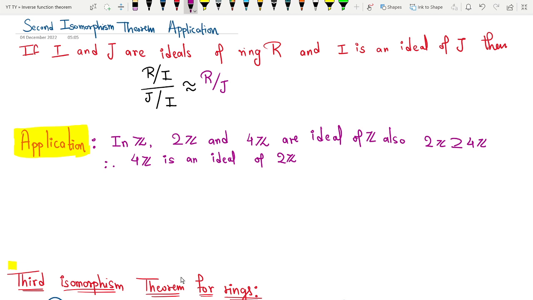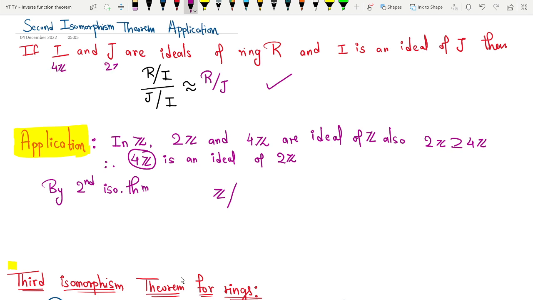Right? So, by the second isomorphism theorem, as you see, I am giving this theorem as the second isomorphism theorem. So, by this theorem, I can write Z modulo... What is on the place of I? Who is there on the place of I? I is nothing but this 4Z. So over here I am considering this as 4Z.